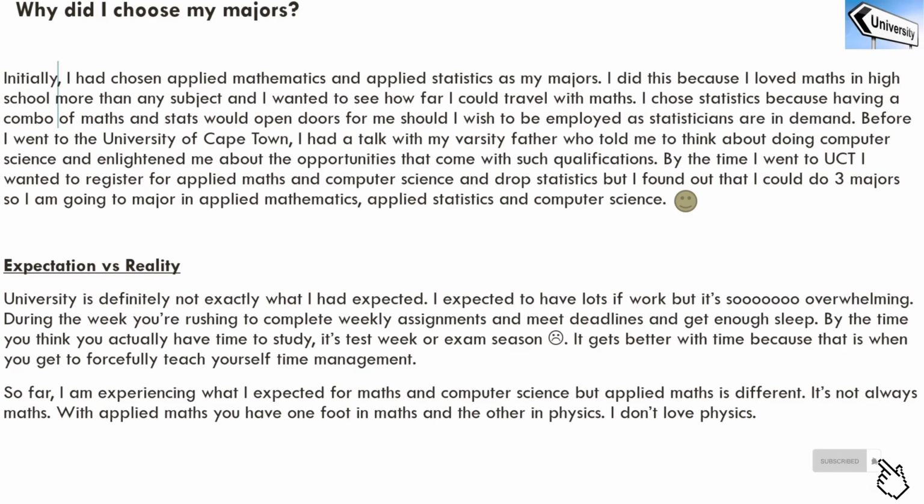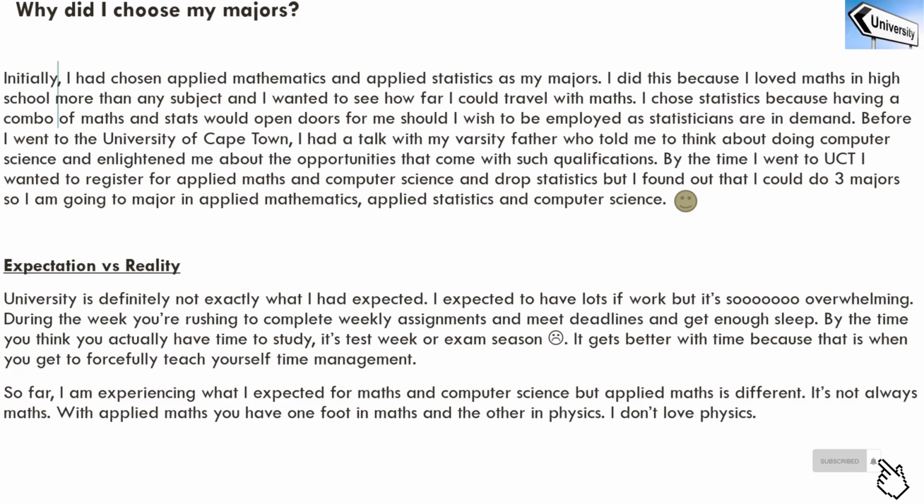Then when I talked to my university father, he talked to me about computer science. Okay, I was like, okay, I'm intrigued. I mean, I had thought about data science, but then the thought of computer science was like, nah. I mean, I didn't do IT in high school, so why the hell would I do computer science at university? And he told me about the opportunities I would have as someone who's done computer science at university.